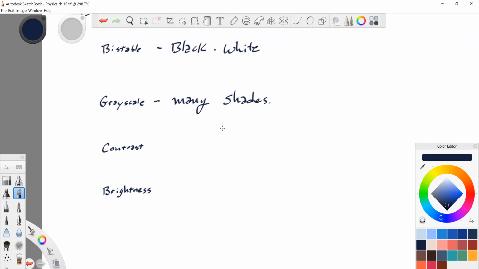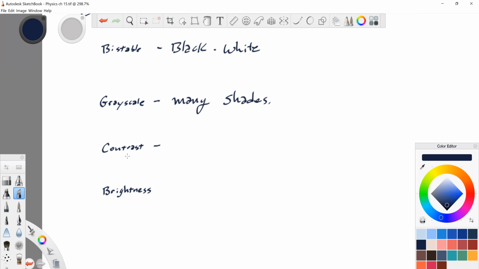Contrast. We're going to come around to this concept again. They really just mention one sentence here for contrast on page 240: it determines the range of brilliancies, a strange word, or brightness, within the displayed image. Bistable images in which only white and black appear are high contrast.